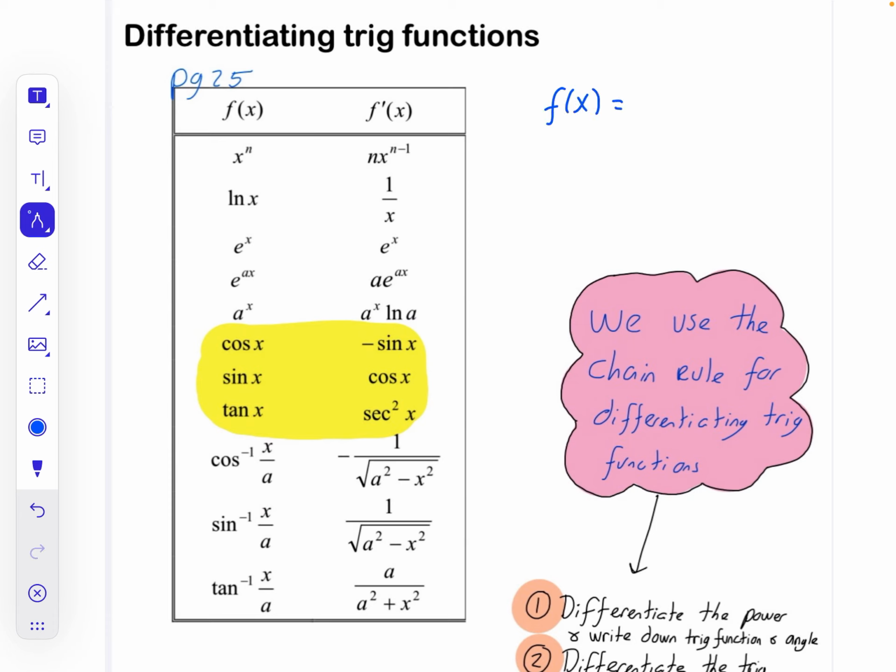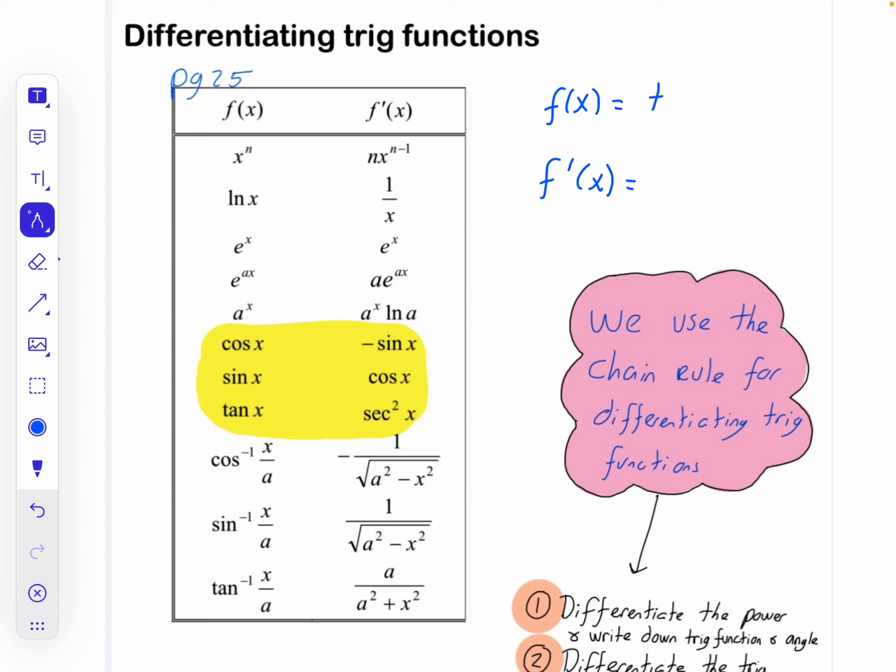Okay, now there is a straightforward case. So say if I'm given f of x is equal to sine x, then f dash x, it's given to you directly in the formula book, is cos x. Okay, so I'm just using this rule here. F of x is sine x, differentiate it, you get cos x.